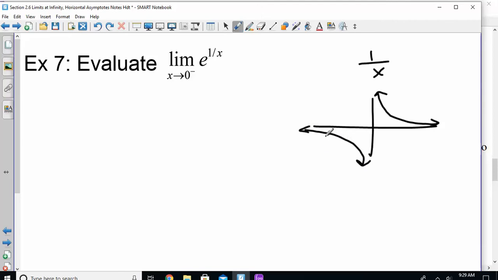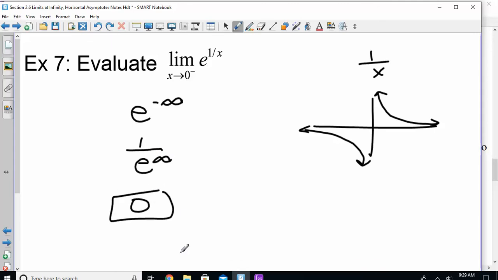As you approach 0 from the left, what's 1 over x going to? So this is really just e to the negative infinity, which is 1 over e to the infinity, which is 0. So we can use some reasoning to get us through these.